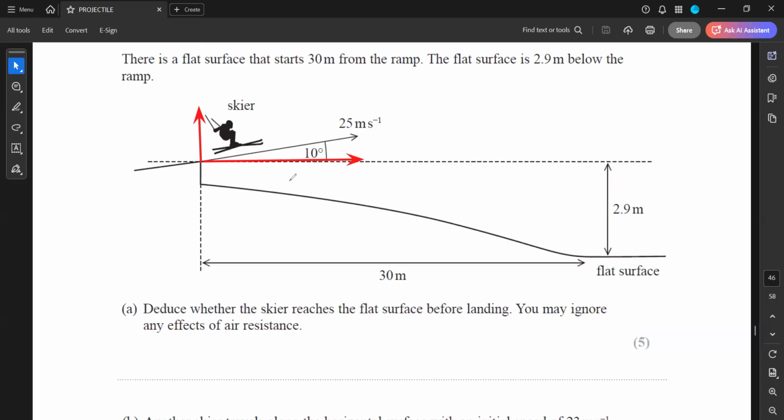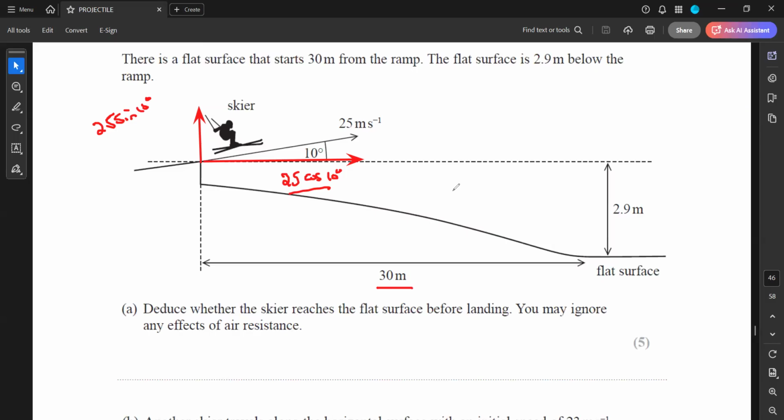So what will be these components? The one adjacent to the angle is 25 cosine 10. The one opposite to the angle is 25 sine 10 degrees. So we have the horizontal and the vertical component. Now, using the horizontal component and the distance, we'll find how much time it takes him to reach 30 meters.